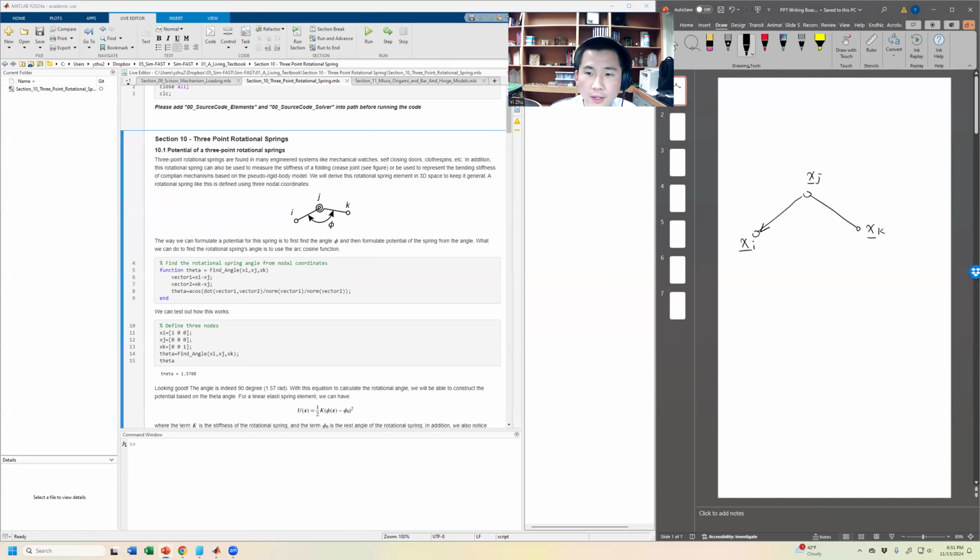Along this line here, there's going to be a vector v1, and we can define it as xi minus xj, right? That's how we find this vector. And again, from xk and xj, we can define the v2 vector.